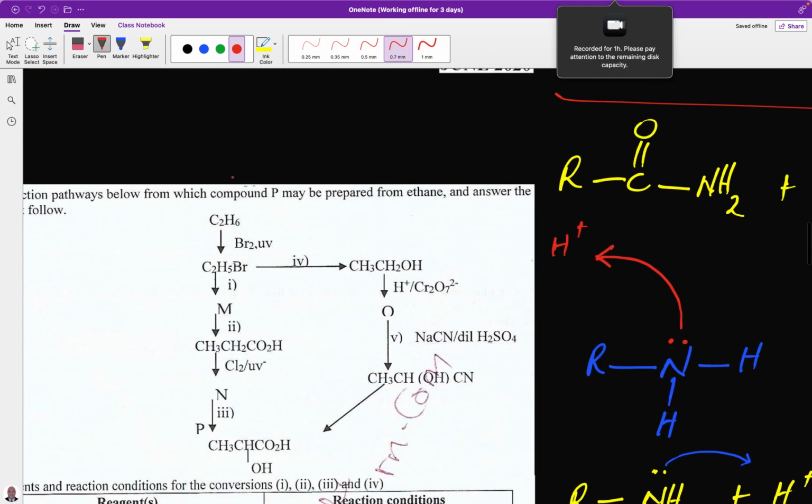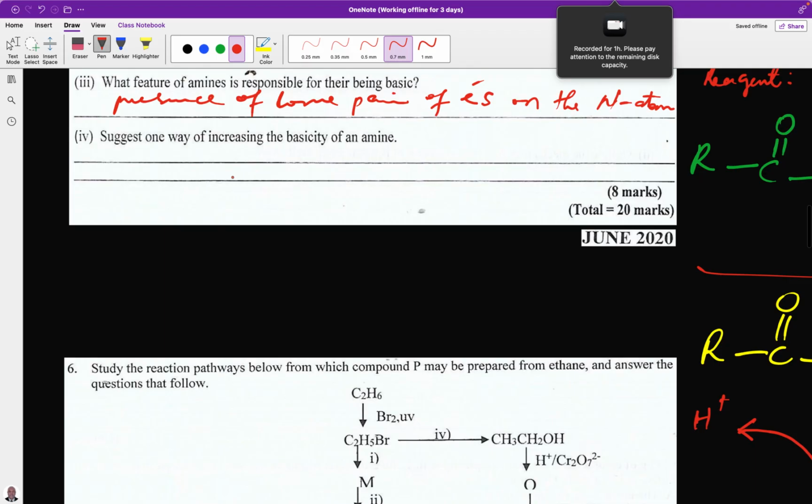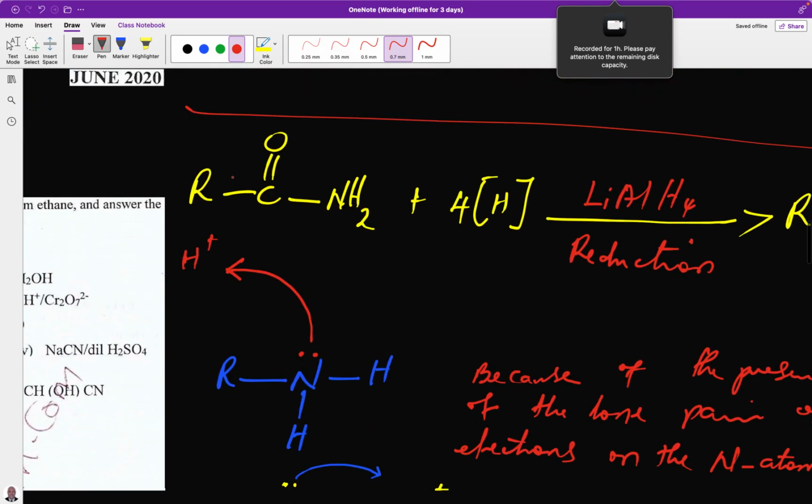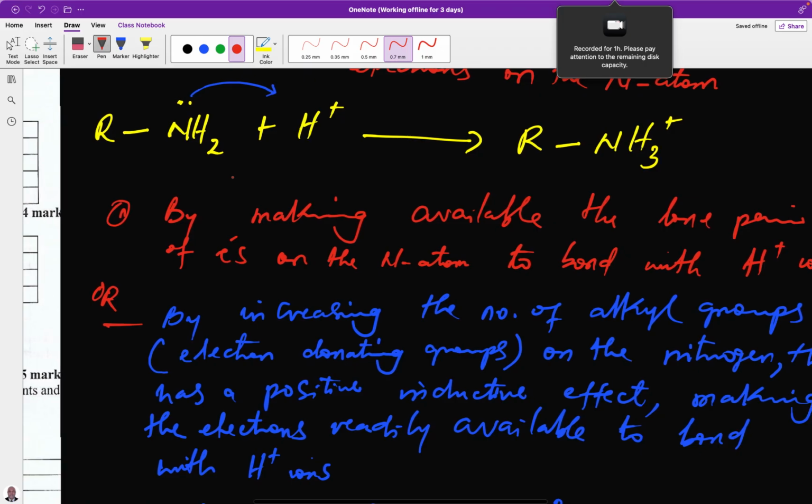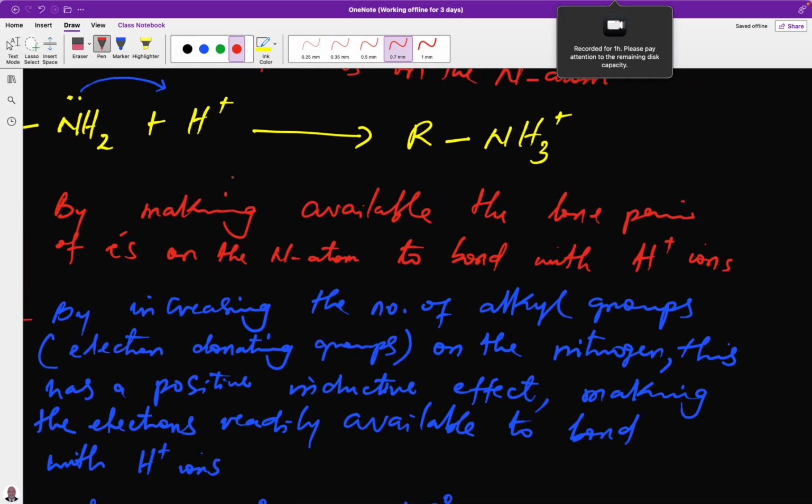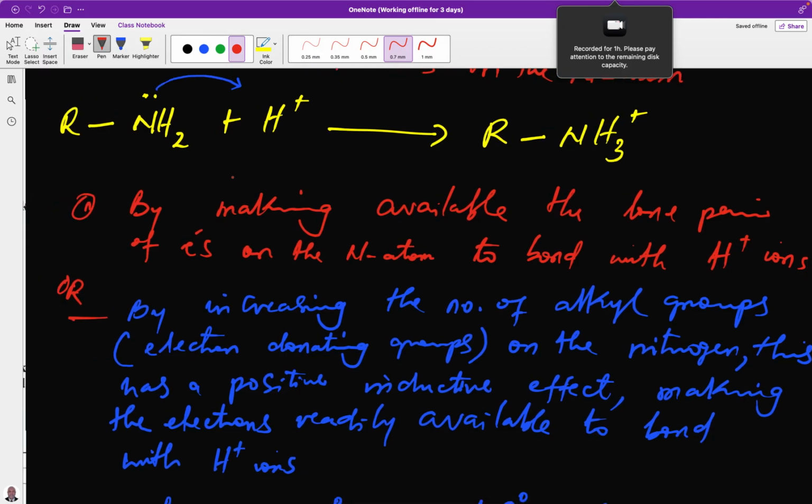Then we went further to say, suggest one way of increasing the basicity of an amine. And one way of increasing the basicity of amine, I said, is by making available the lone pair of electrons on the nitrogen to bond with the hydrogen ion. So as long as the lone pair of electrons are available for coordinate bonding, that is a reason. You can go further to explain that by increasing the number of alkyl groups or electron donating groups on the nitrogen atom.